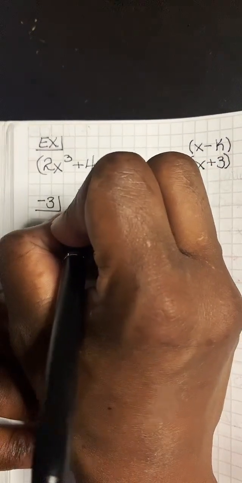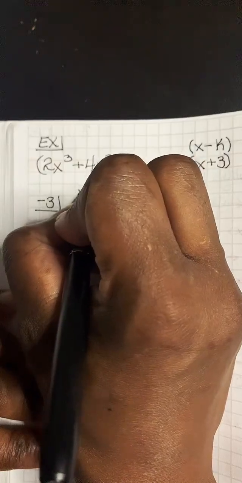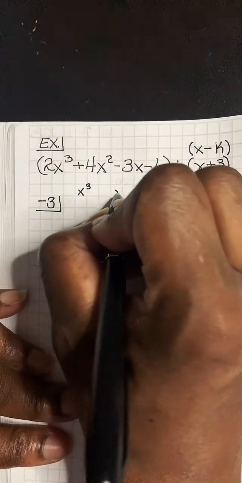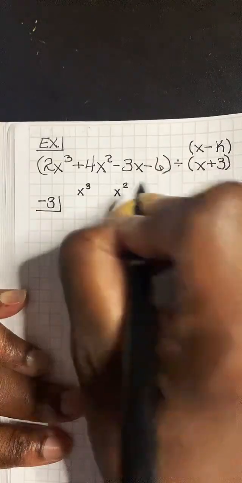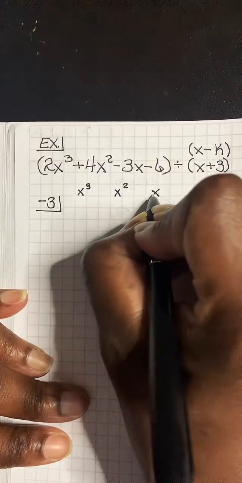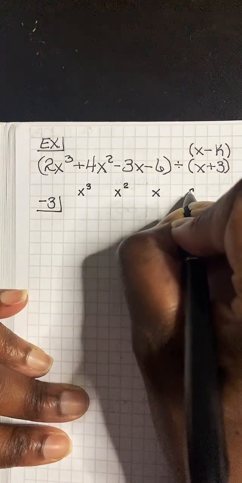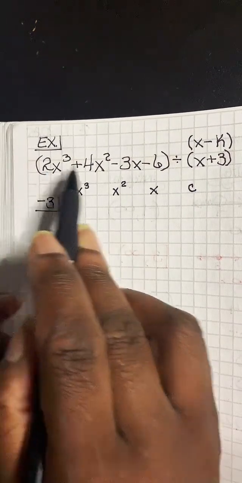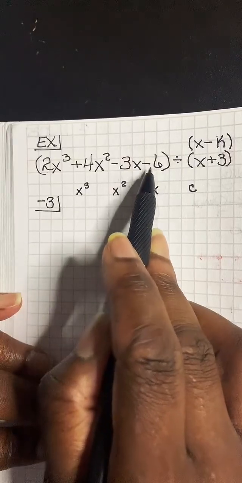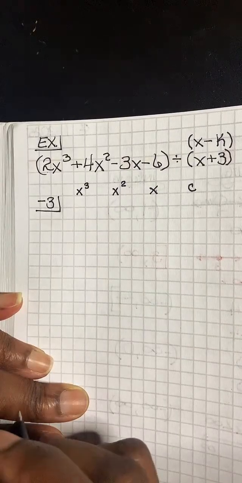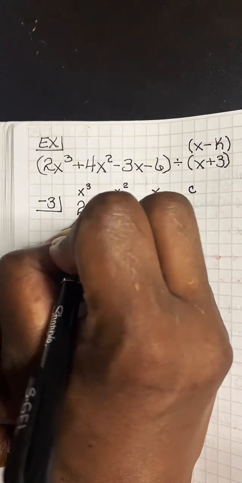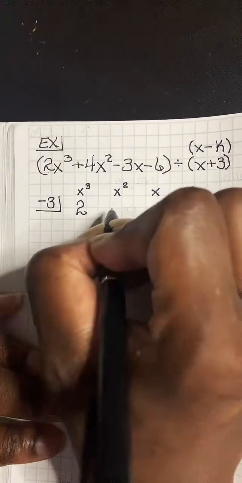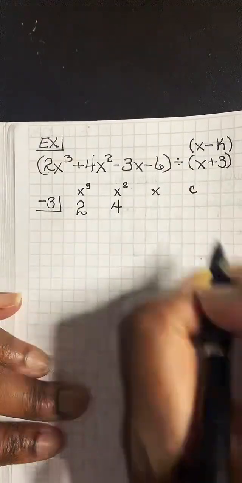So that means I'm going to put my representative of my x cubed there, my representative of my x squared there, my representative of x, and my representative of the constant. So we just need the coefficients and their signs. So for the x cubed, I'm just going to put the 2. For the x squared, I'm going to put the 4.